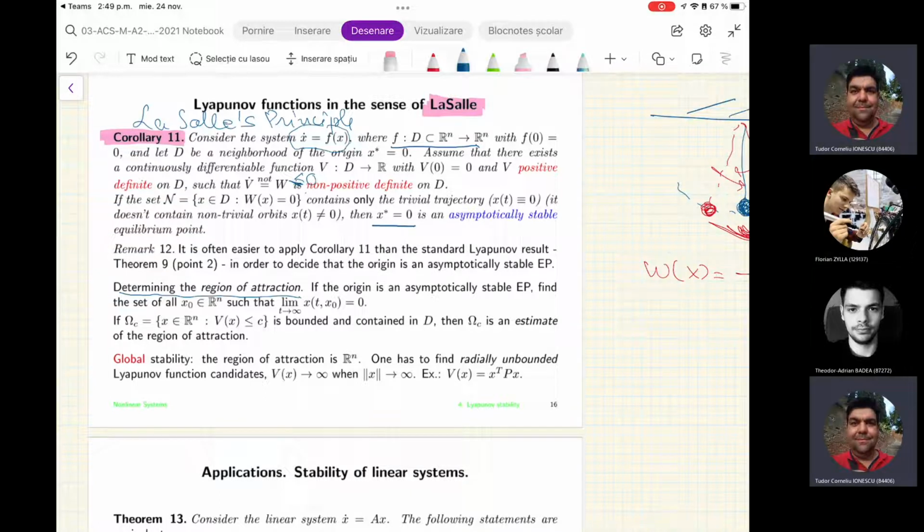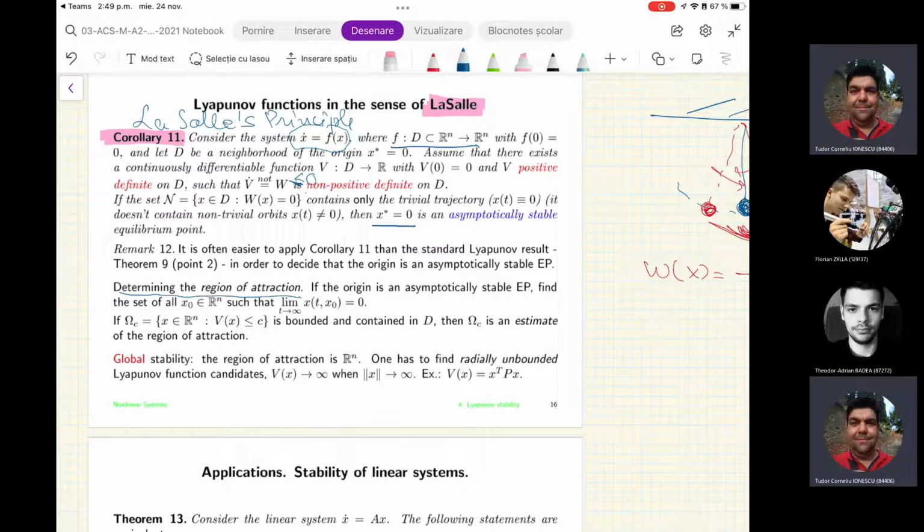Okay, so we consider the set of all trajectories where the energy is bounded by some constant.